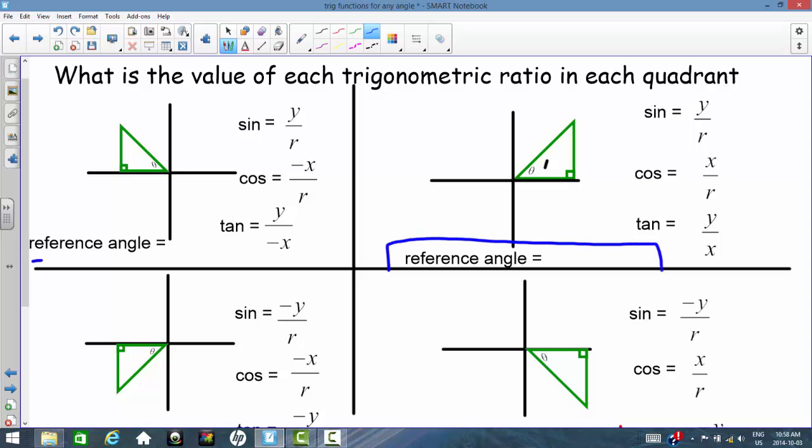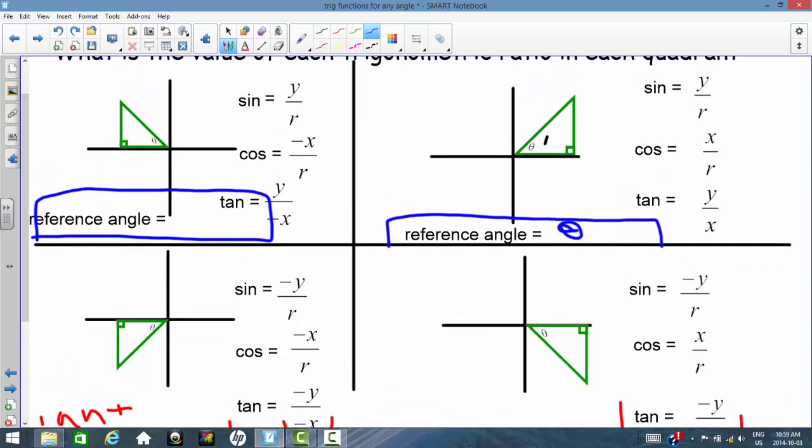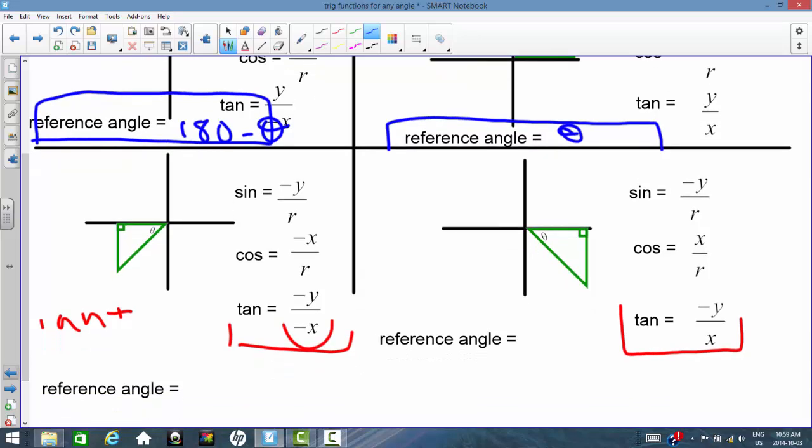Okay, so we talked about the reference angle in class on Friday, and I just want to write it down for each of the four quadrants so that you have it. The reference angle here is simply the same as the angle. For this quadrant, it's 180 minus the angle. For this one, it's 180 plus the angle.